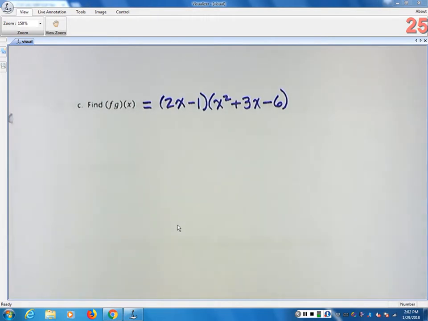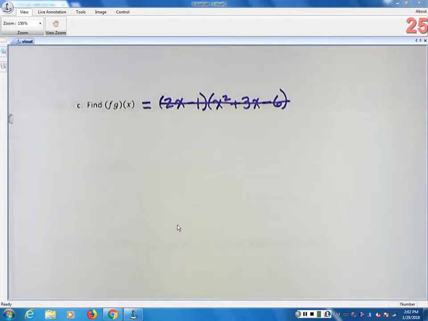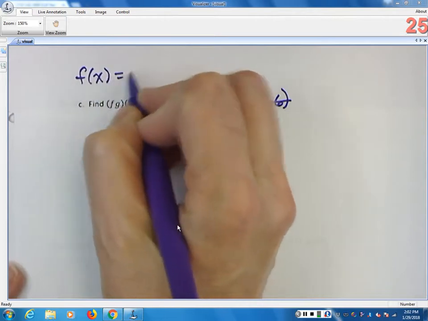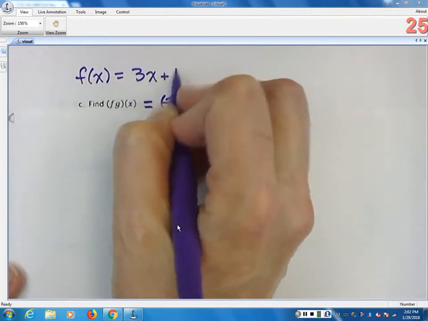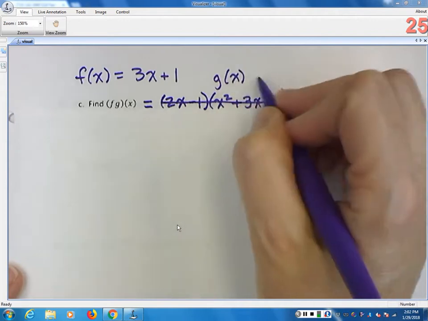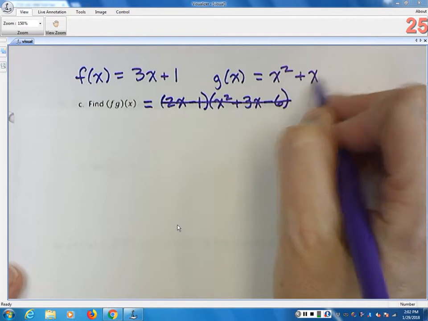Okay, well, let's try this again. All right. f of x was 3x plus 1, and g of x was x squared plus x minus 2.